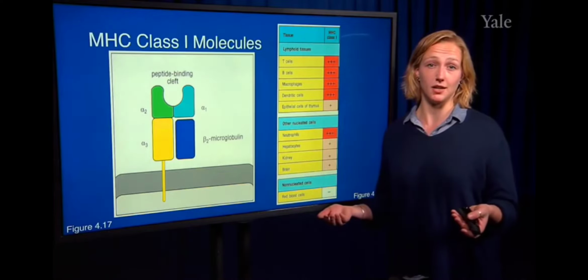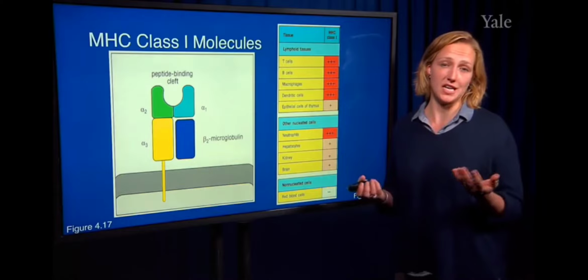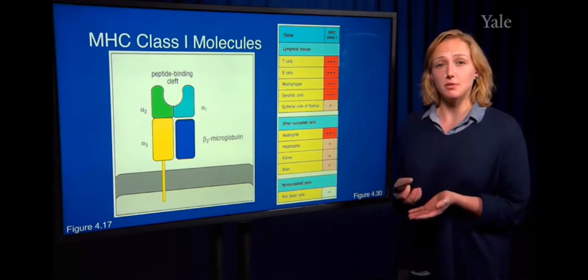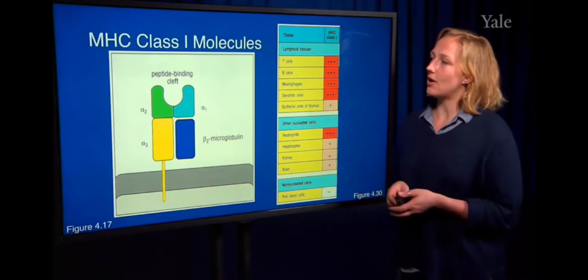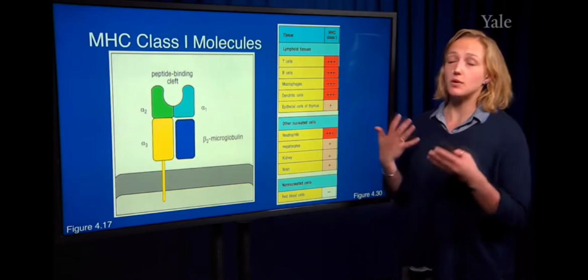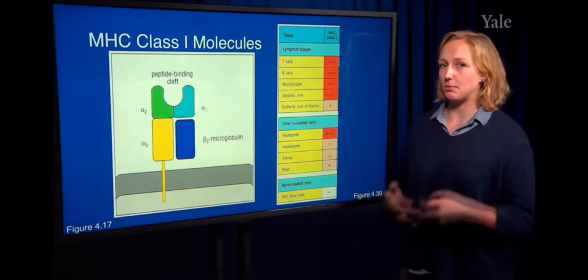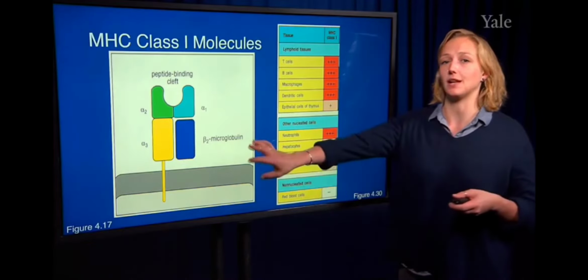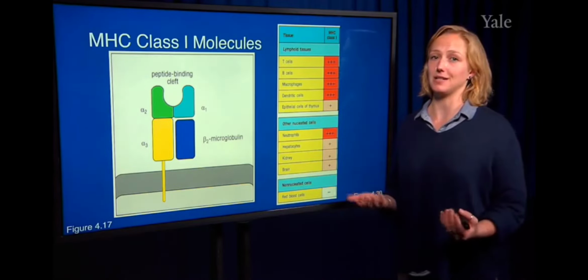Every single cell in the human body, or in any mammalian body, is capable of being infected by a virus. And viruses are obligate intracellular pathogens. So when they're replicating inside of our cells, these peptides need to be presented on MHC class 1 molecules so that our T cells that can recognize these viral proteins can be activated.